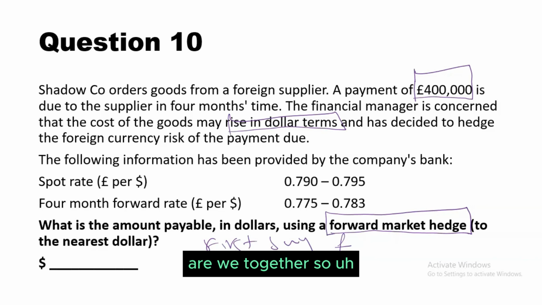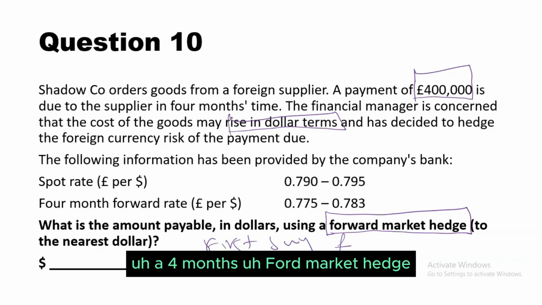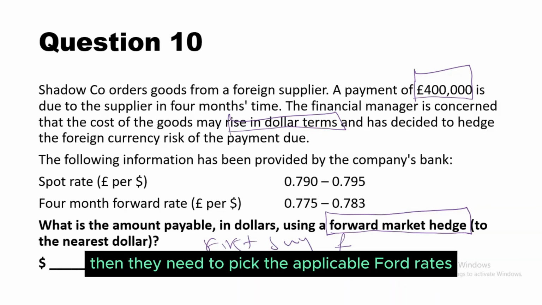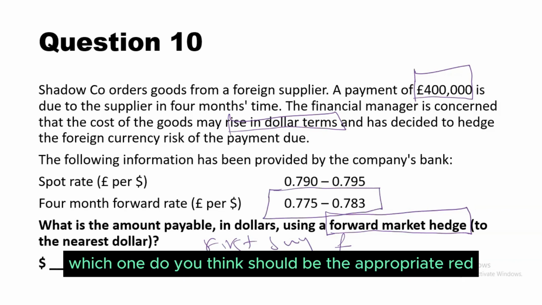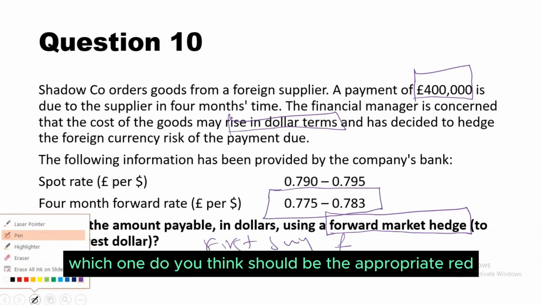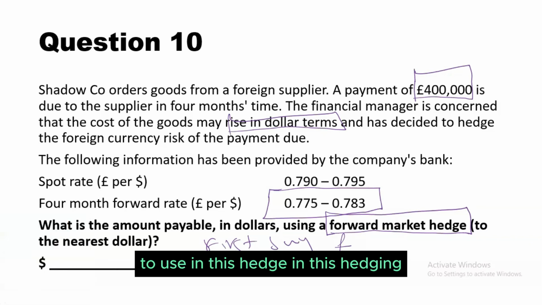So they need to buy pounds. So if they are going to take a 4 months forward market hedge, then they need to pick the applicable forward rates given here. So which one do you think should be the appropriate rate to use in this hedging?